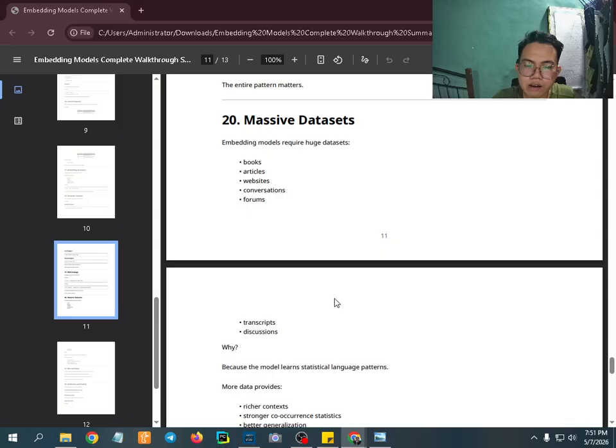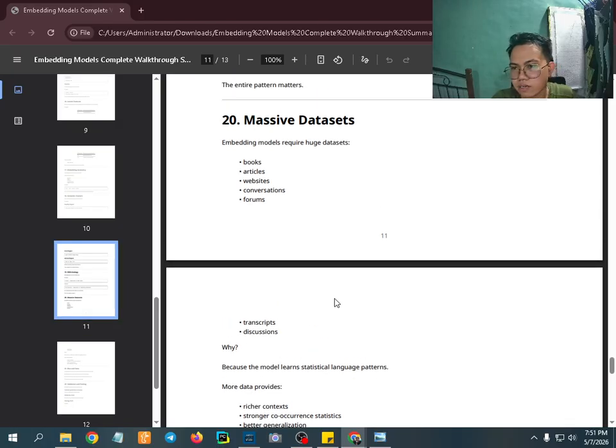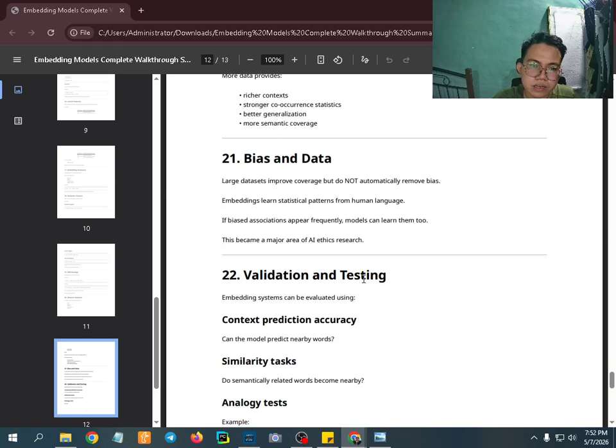With too small an amount of data, the model could produce bias, learning that a particular word often appears in the dataset provided to it. Next, bias in data.